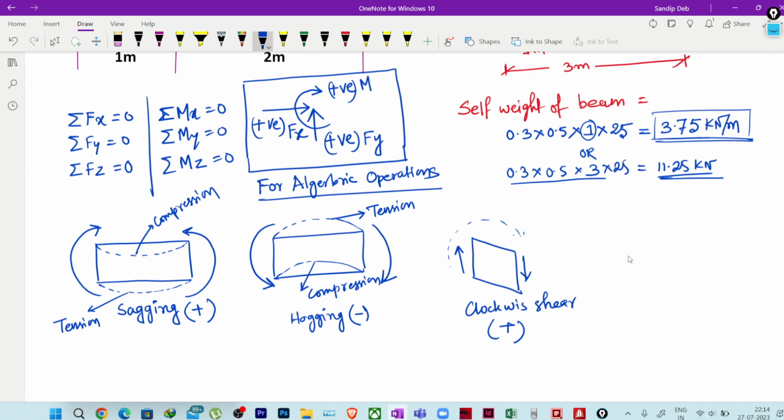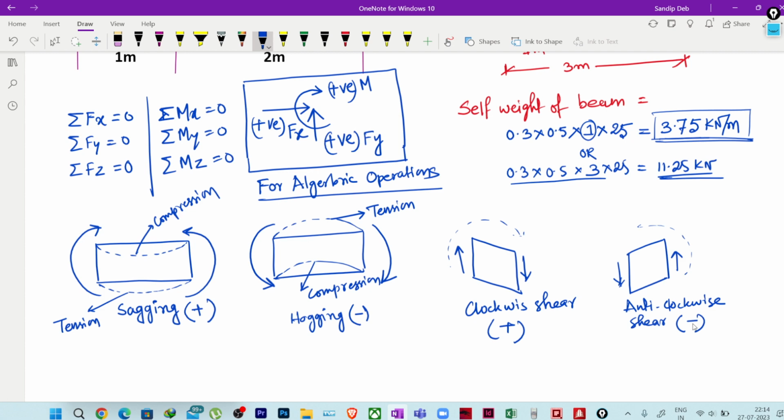And anti-clockwise shear, which is something like this, I will write as negative.